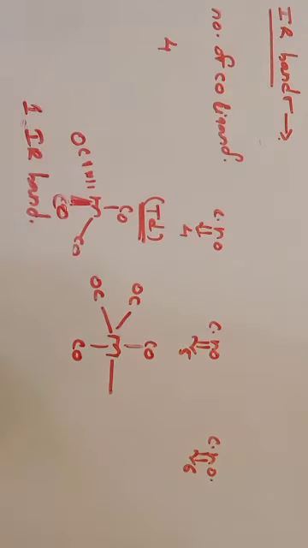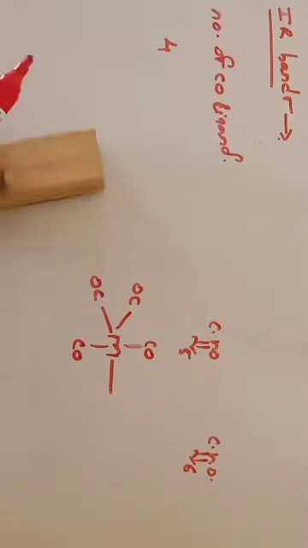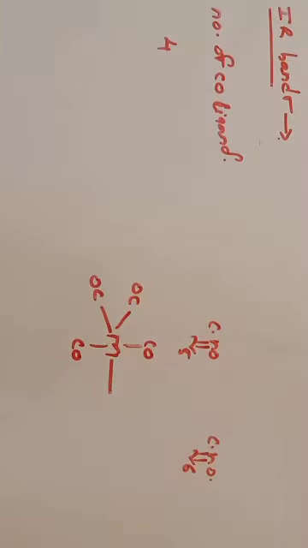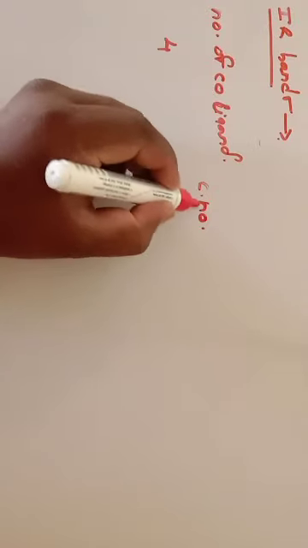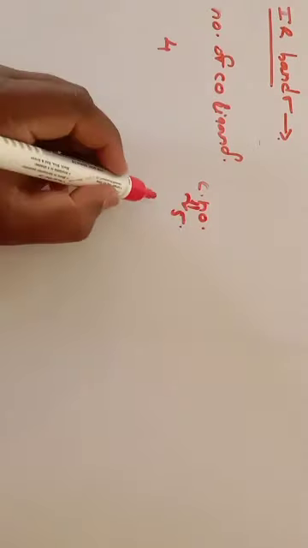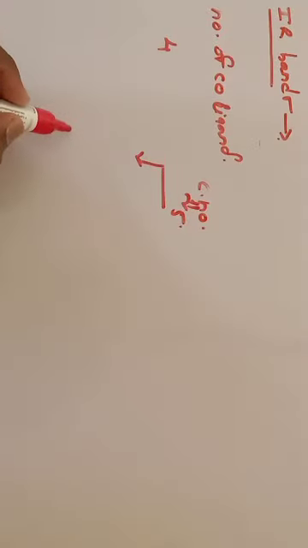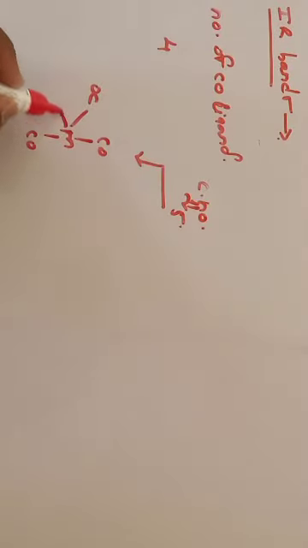Another possible way is the second structure. So this is your first. We already discussed coordination number 4, that is the perfect tetrahedron. For coordination number 5 there are two possible structures. One: this is your metal, 2 carbonyls at axial positions, 2 carbonyls at equatorial positions, and one vacant site.